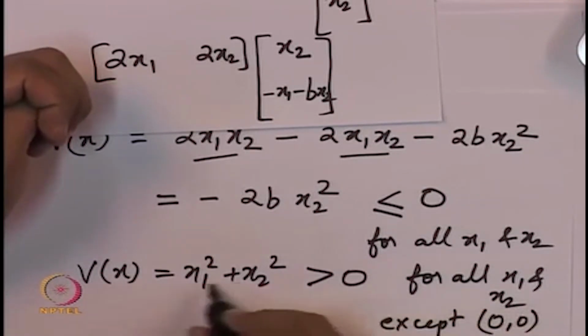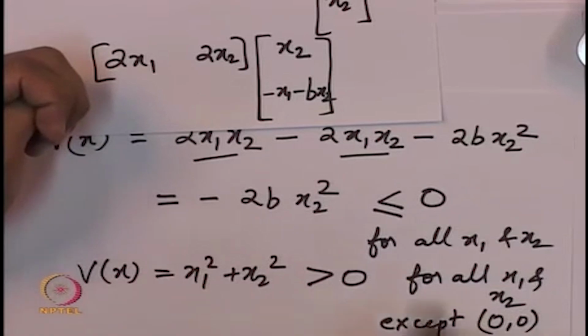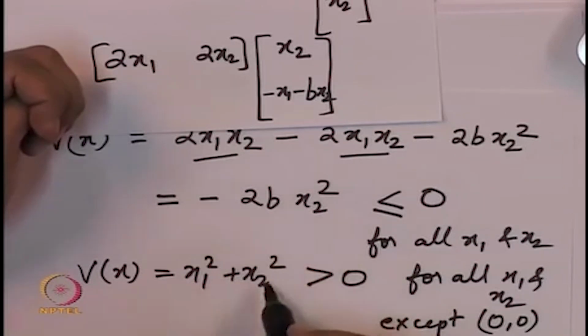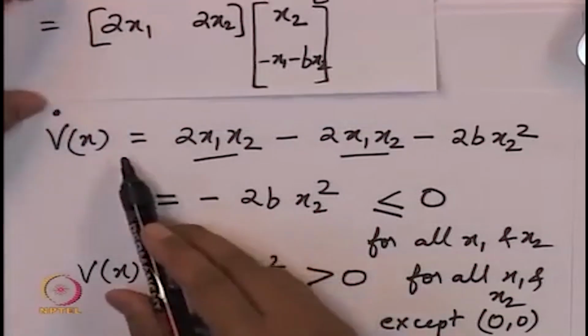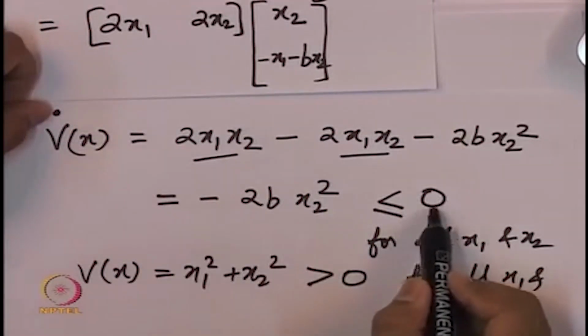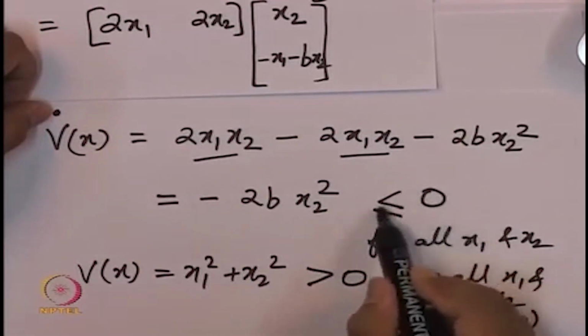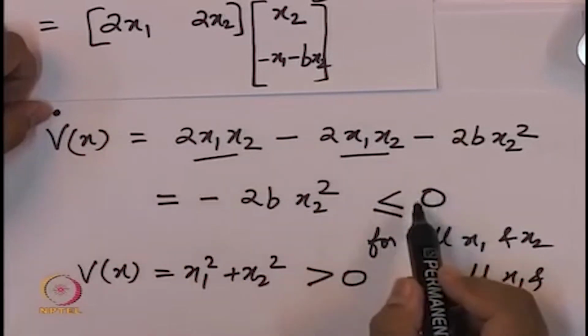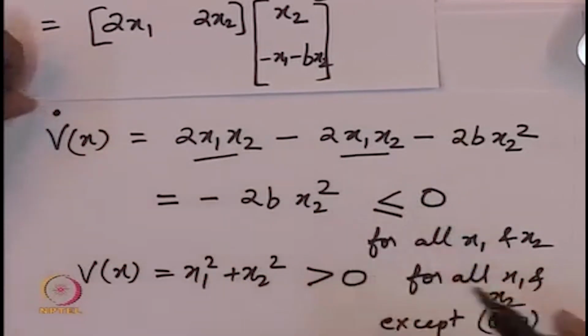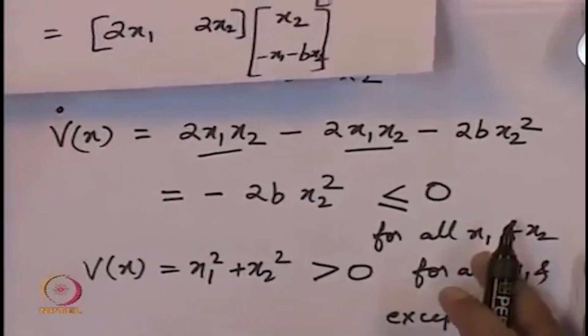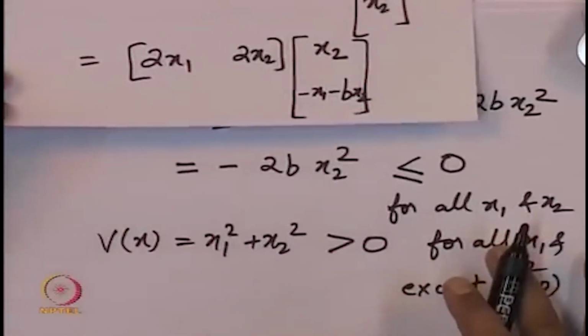Except for that case this Lyapunov function is positive. So, in other words, it is a positive definite function. That is why it is a candidate, and we have in fact checked that its rate of change is also non-positive. It is less than or equal to 0 for all x1, x2, and hence the equilibrium point for that dynamical system is a stable equilibrium point. That is all we have been able to show.